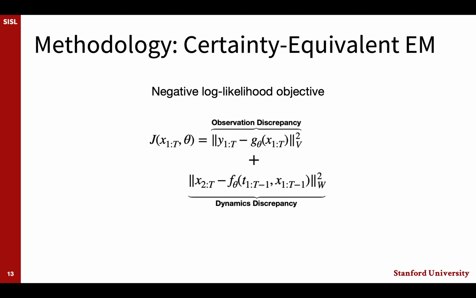We also add the dynamics discrepancy, which says that if you have two states, x of t and x of t plus 1, and some choice of model parameters, then how well does x of t predict x of t plus 1? So we can find both the set of hidden states as well as the model parameters using block coordinate-ascent on this objective.